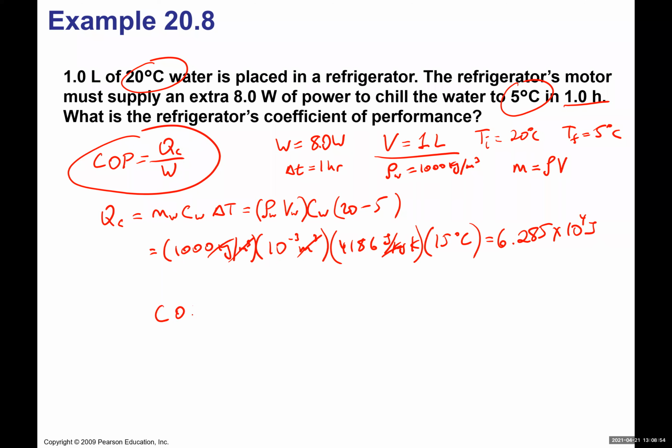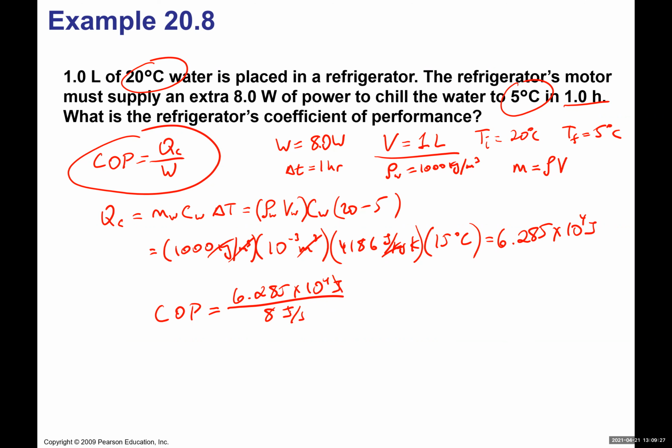Then I can come back and solve for COP, which will be QC, 6.285 times 10 to the 4 joules, divided by the work done. But one thing we have here is 8 watts. Remember, if I write this as 8 joules per second, right?